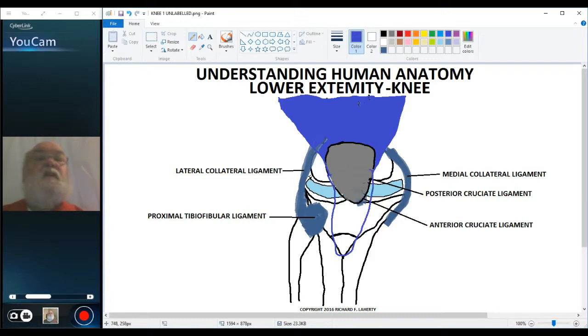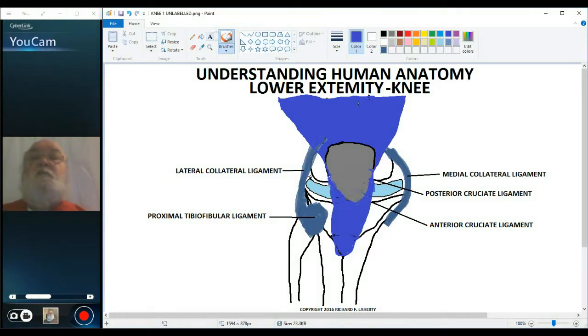Here, so again, let me fill this in. And the tendon down in this region often is referred to as the patellar ligament. And we'll color this in as well.